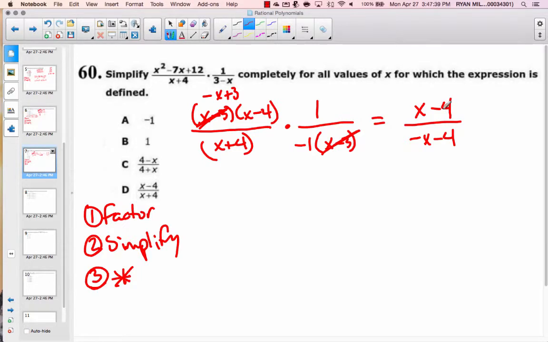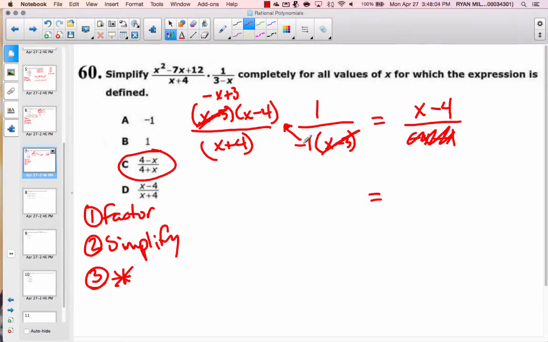I'm not sorry. Here's what they've done. Okay, so my apologies. What they did was I left the negative 1 on bottom to get negative x minus 4. They didn't do that. What they did was they brought the negative 1 up, which doesn't matter ultimately, but I just want you to understand why the answer is C.